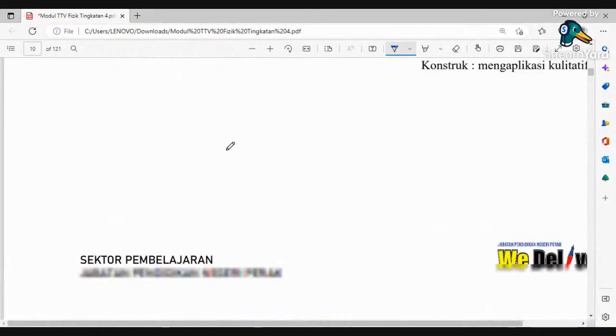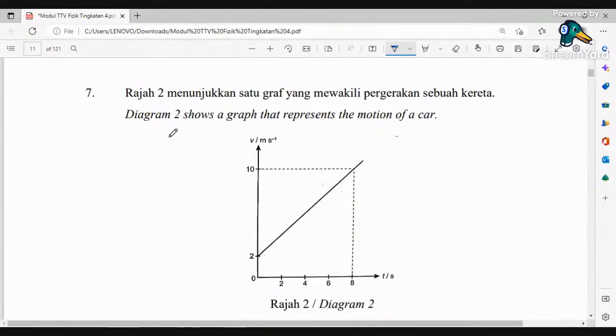Okay. Next question, number 2. Number 2 is already chapter 2. Diagram 2 shows a graph that represents motion of the car. So this is a VT graph. For a VT graph, remember you can get two important points from the graph.